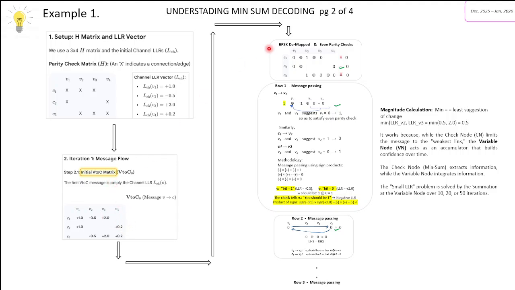Now the decoder performs parity checks by demapping the BPSK. Straight away the indications are that this is 0, this is 1, and this is 0. So this is 0, this is 1, this is 0, and of the parity check equations, two fail and one passes. The passing equation indicates that V1 and V4 are correct.